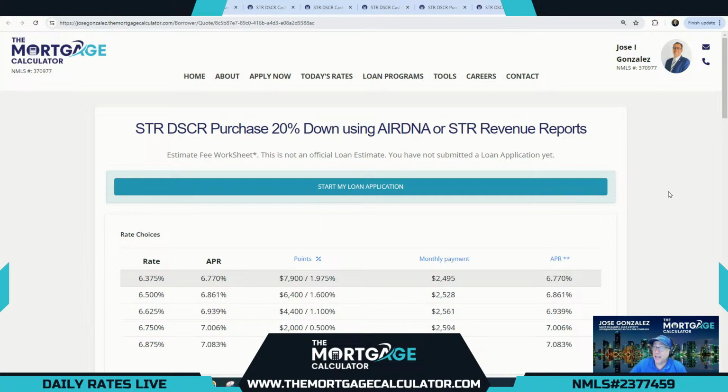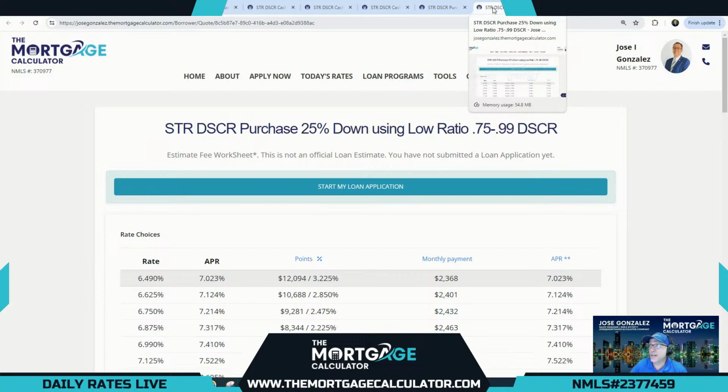And you can buy that down all the way to 6.375 for only 1.975 points. So this is using AirDNA or short-term rental revenue reports. And you can actually use that option also with 12 months bank statements if the seller has those.